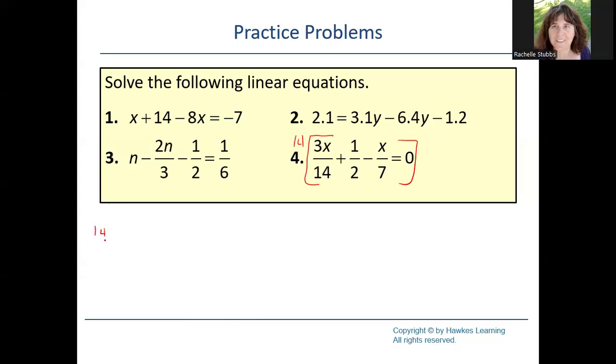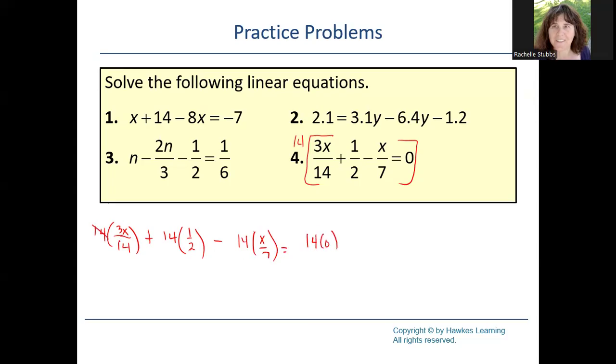So I have 14 times 3x over 14 plus 14 times 1 over 2 minus 14 times x over 7 is equal to 14 times 0.